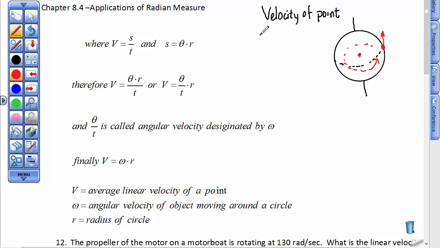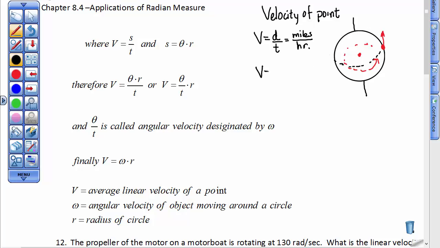So first of all, the definition of velocity is the distance that you travel over the time that it takes you. So if it was a car, you'd be talking about the miles that you travel over the time in maybe hours. So the velocity would be so many miles per hour. Well, this is going to travel in an arc length, not a straight distance.